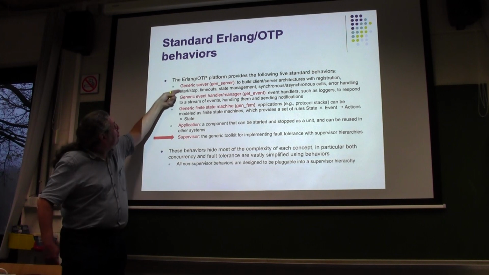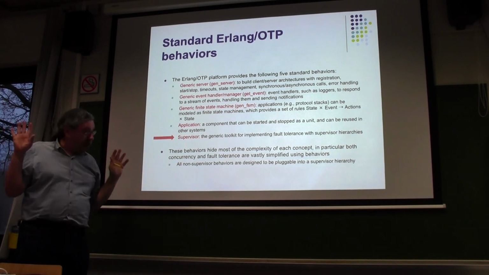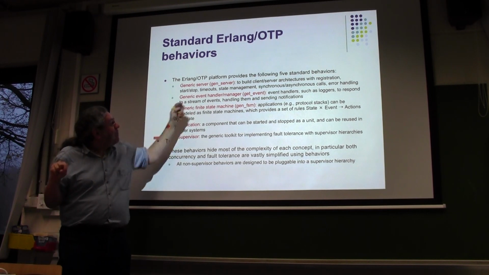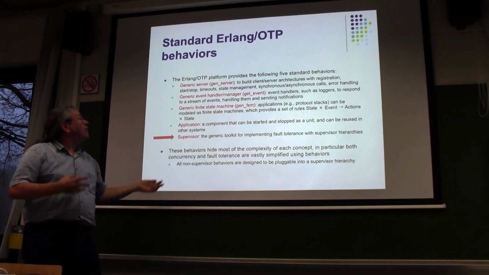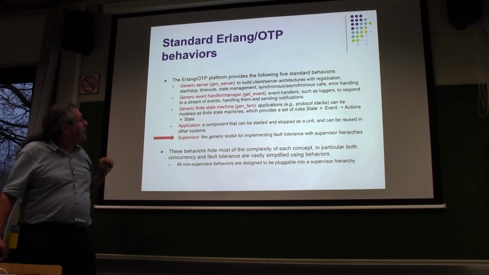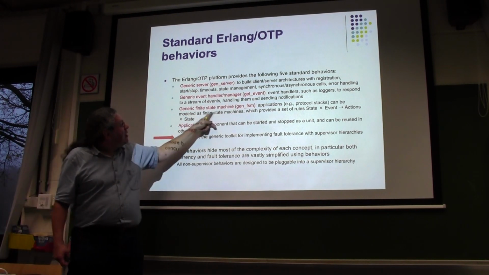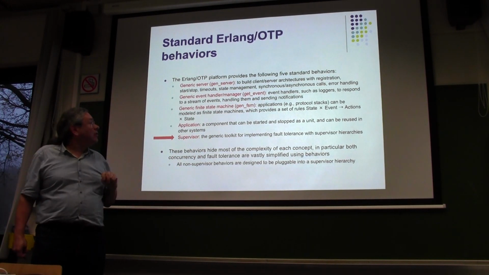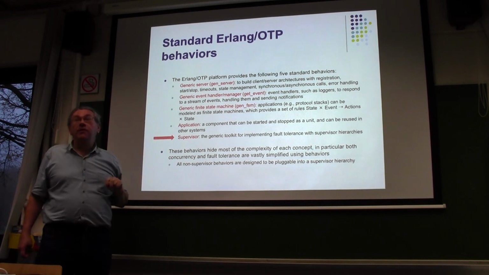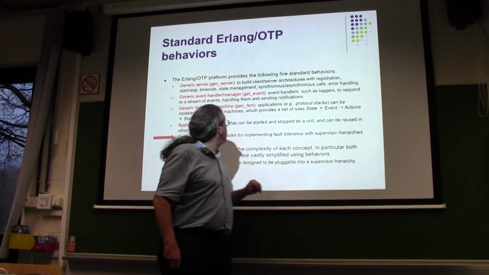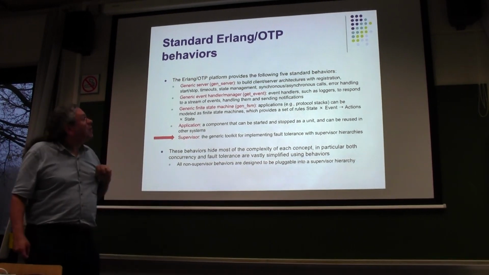And the 3 important ones, and it's basically almost all you need, are the generic server, the generic event handler, because events can travel in the system, and the generic finite state machine. So this is actually very general. Any computation can be modeled as a finite state machine. So a state and an event gives you some actions and a new state.